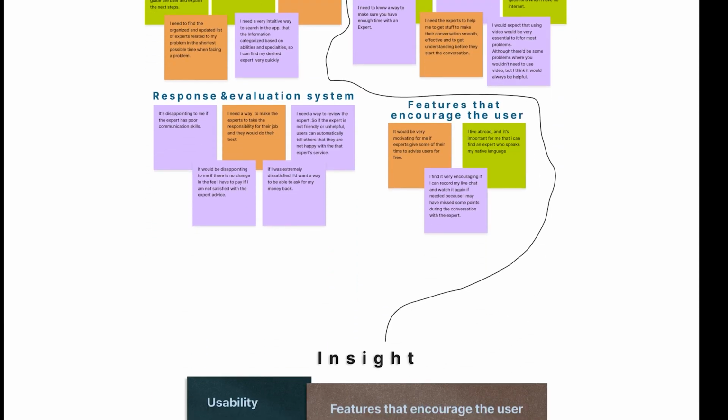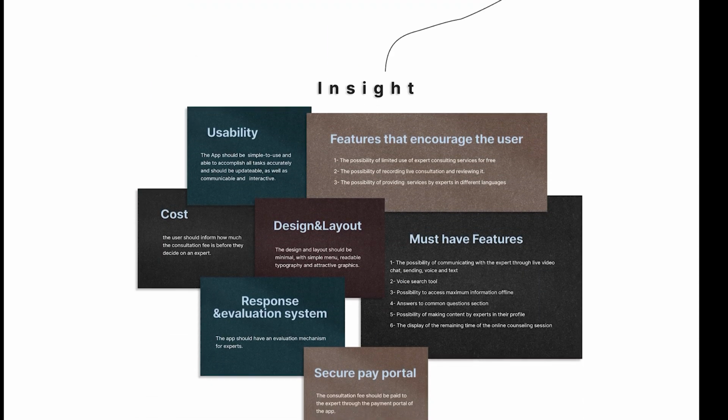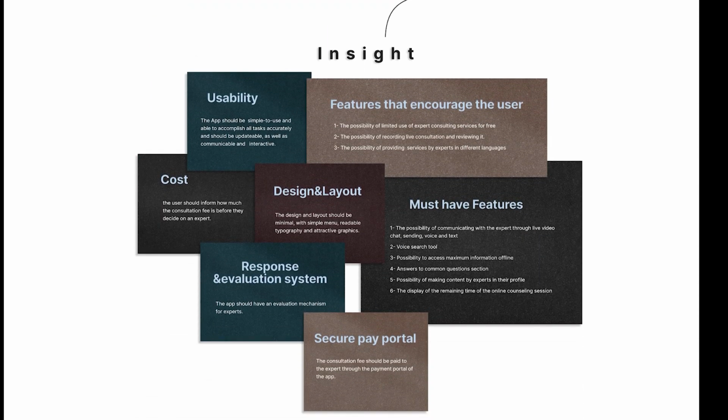For example, through user research, I discovered what features were important for potential users. I found out whether users prefer to know the cost before booking a consulting session or if they felt more secure with a payment system. Additionally, I discovered whether users wanted the option to save their video call with the expert.